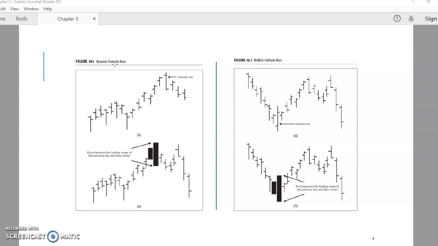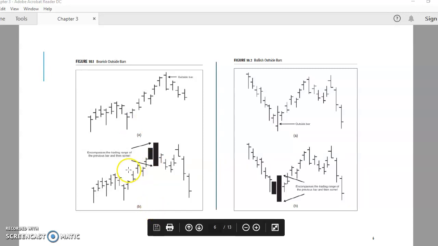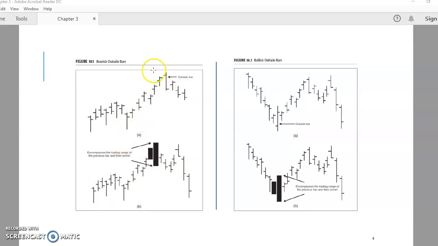So for a bearish outside bar pattern, the preceding trend should be an uptrend, and okay, this is the uptrend. When it reaches the top or peak of the trend, in this situation it tested the resistance line, and if the price fails to break out of the resistance line, the price should decrease or make a correction.